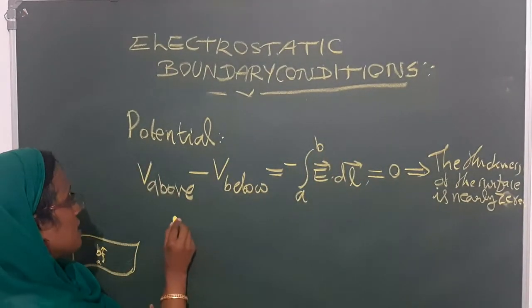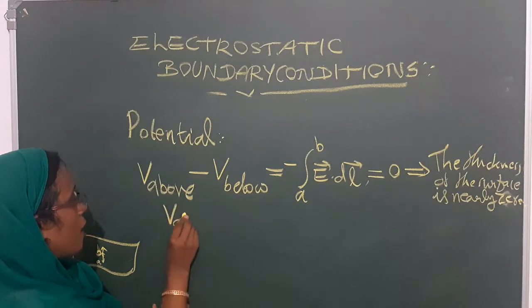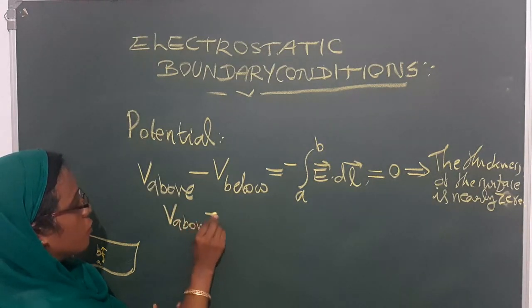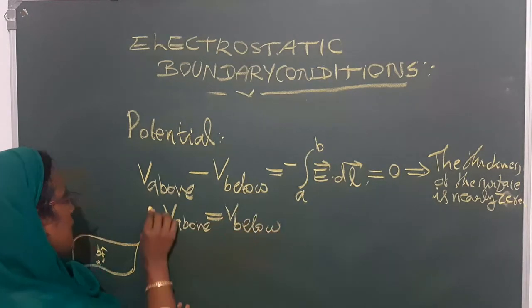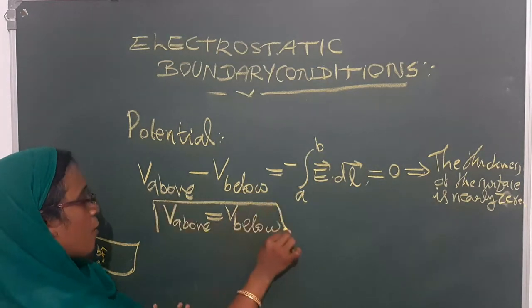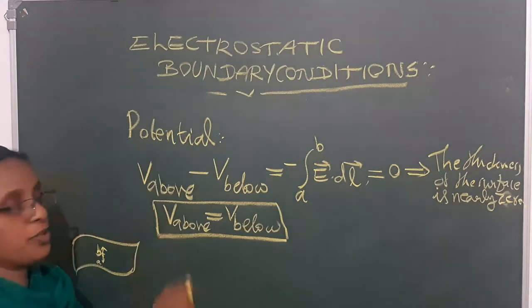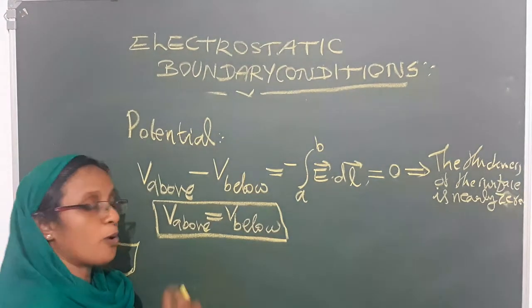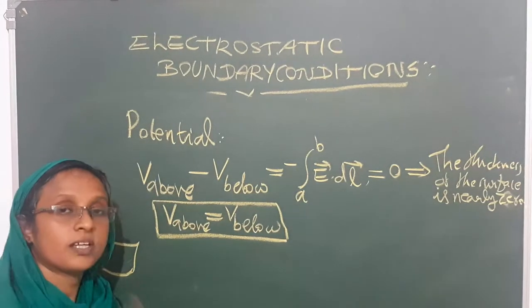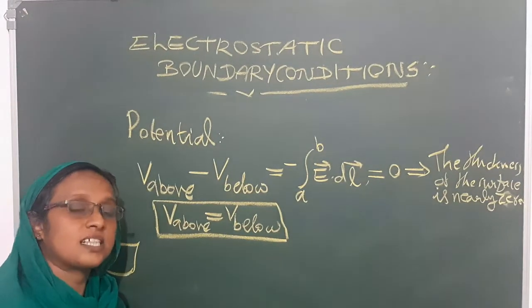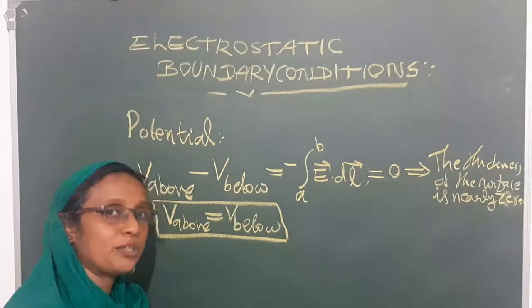That means potential above equals potential below. That means electric potential is always continuous across a boundary. But the electric field is discontinuous.